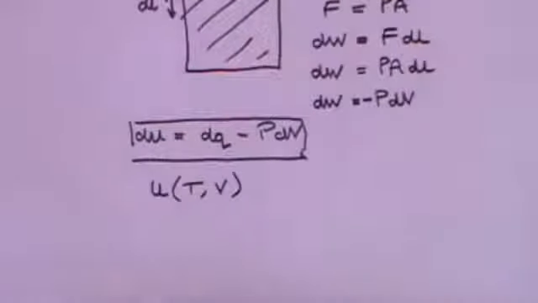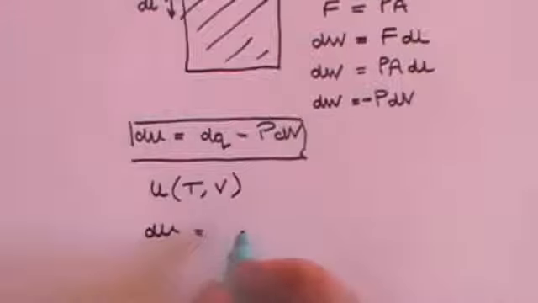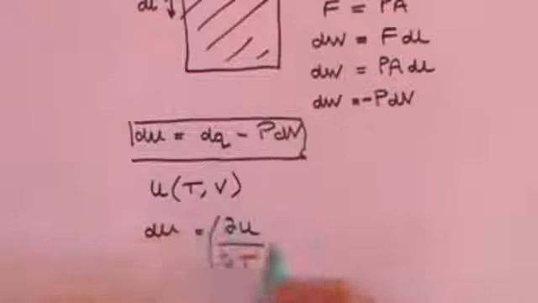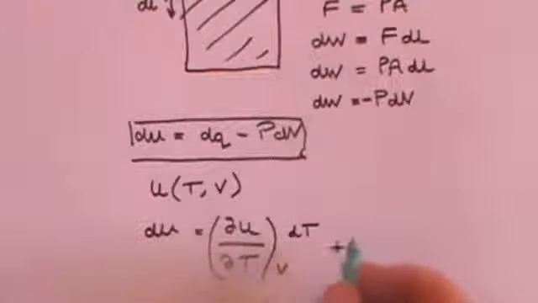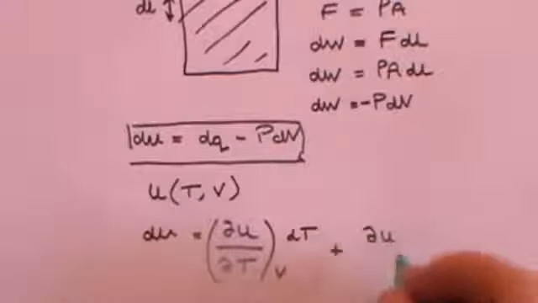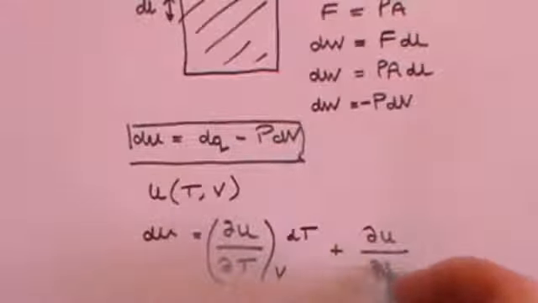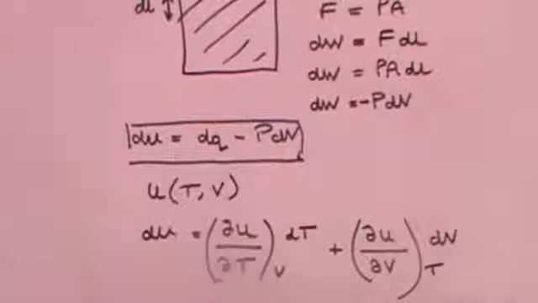Now, it is a fact of mathematics, and I'm not going to prove this, that dU is the derivative, which we describe as a partial derivative, and that's why it's got a curly d, with respect to temperature, if you keep the volume constant, times dT, plus the derivative of U with respect to volume, keeping the temperature constant, times dV.